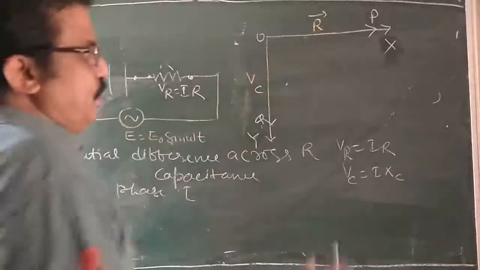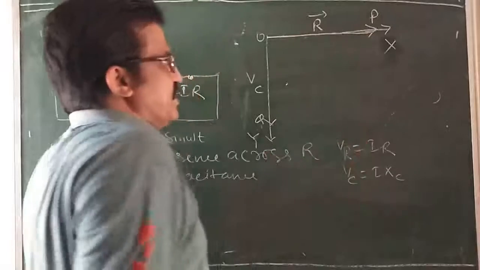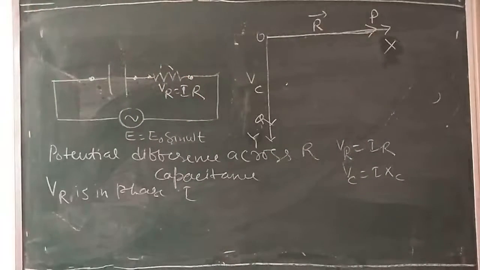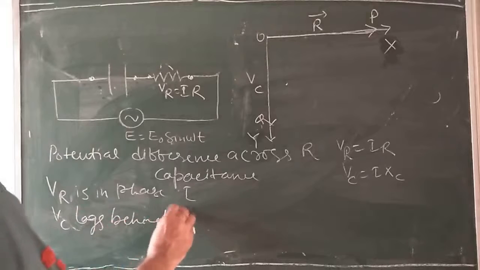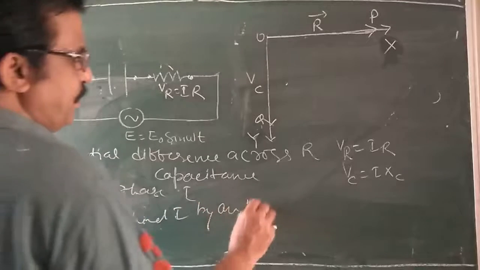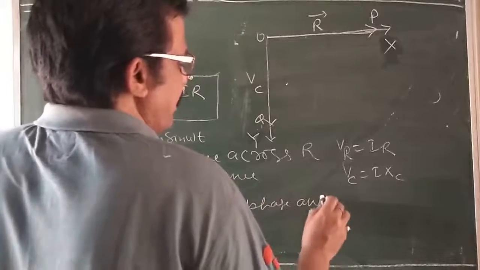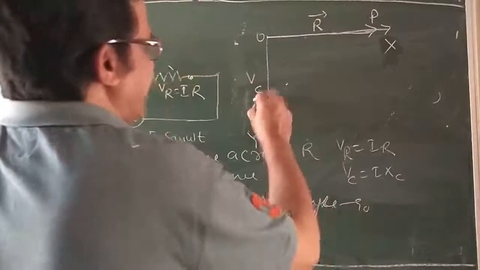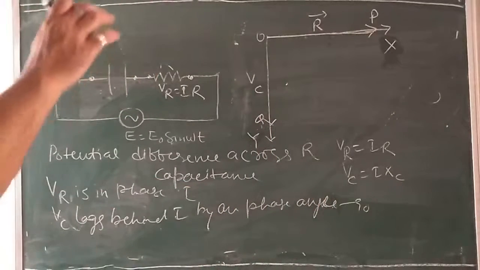As I told you, when the resistance is in circuit, both current and voltage are in the same direction. So I can say VR is in phase with I, while when the circuit contains capacitance, VC lags behind I by a phase angle of 90 degree. So here VC is lagging behind I by 90 degree.